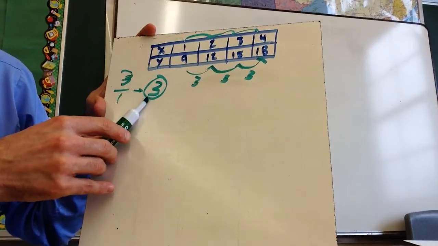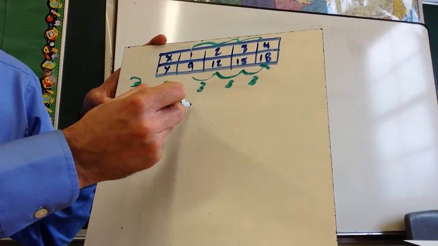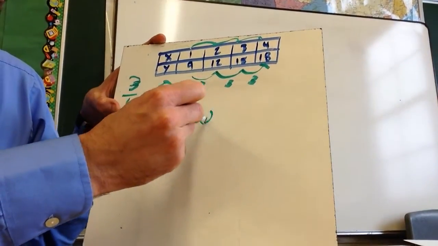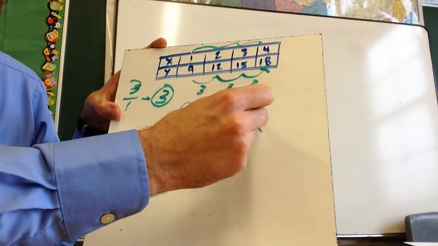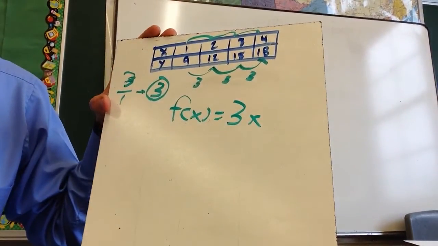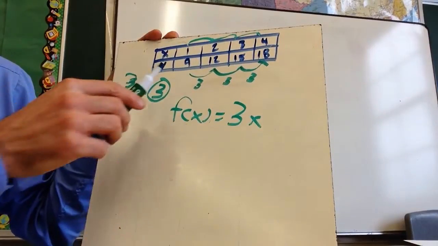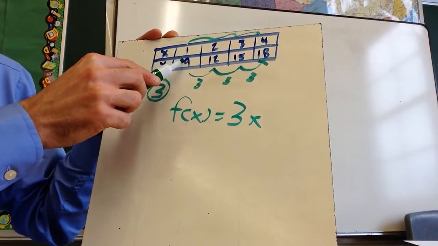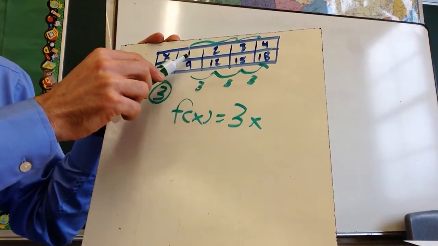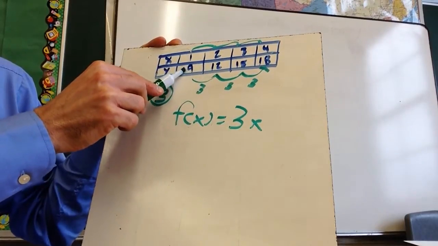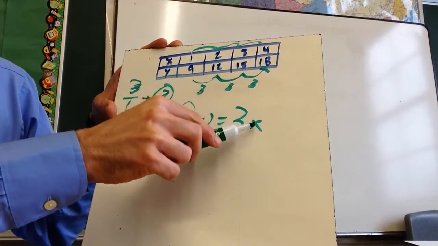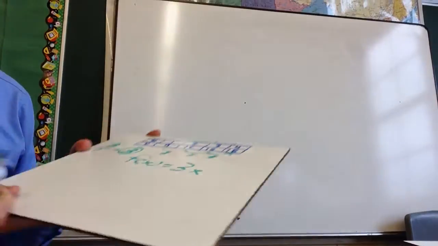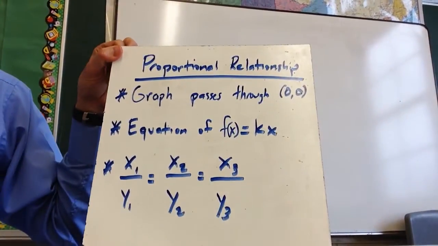So if this is my k, the equation then would be f of x equals 3x. But the problem is that that's not true. If I put a 1 in here for x, this is not 3. If I put a 2 in for x, this is not 6. So it's not satisfying that second part either.